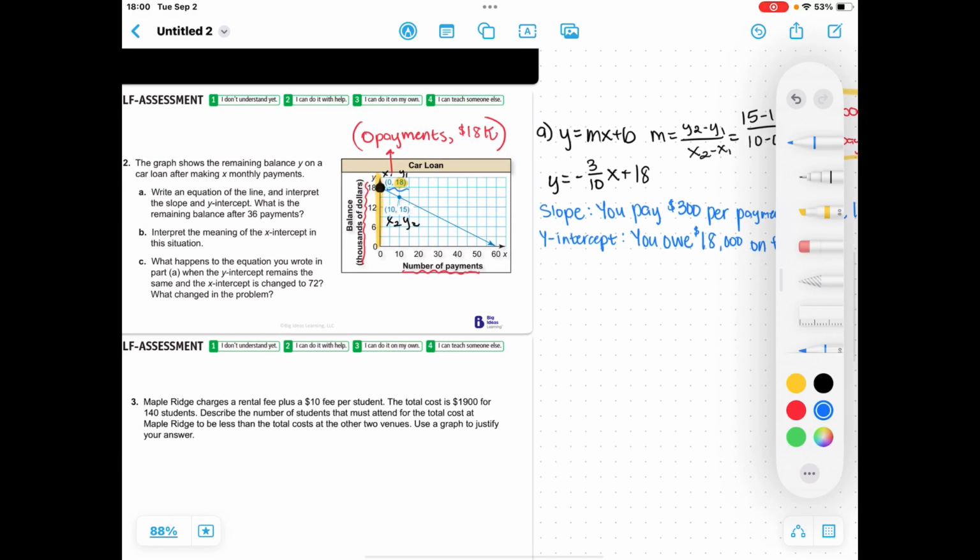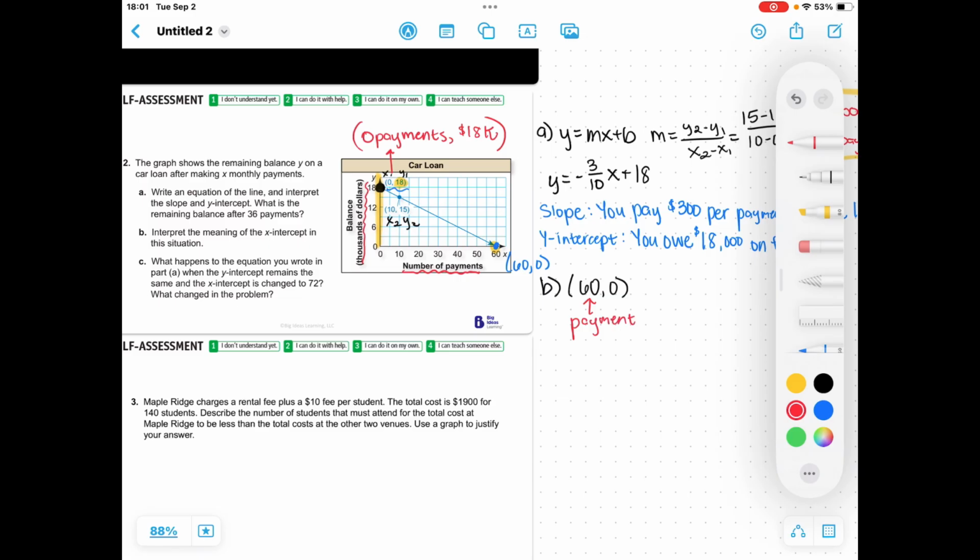Part B says interpret the meaning of the x-intercept in this situation. So the x-intercept is the opposite of your y-intercept. It means that you're going to go to where this line crosses the x-axis, which is at this point, (60, 0), and just interpret what this means. Keep in mind your x value here is the number of payments.